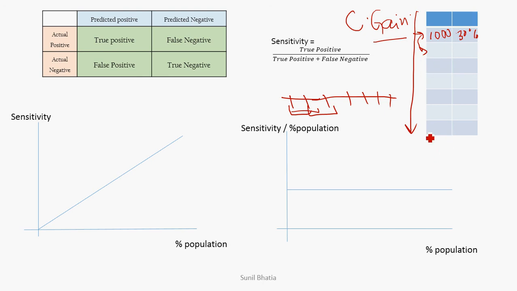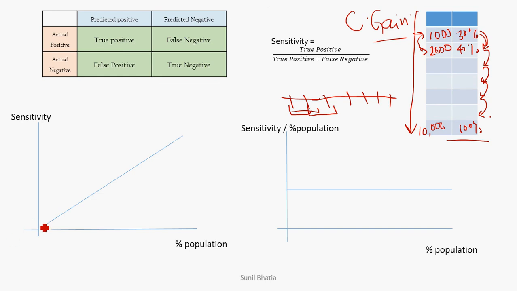In the end, let's say we have 10,000 data points and our prediction response was 100%. We add another 1000 data points, let's say 2000, and the next best sensitivity we had is 10%. So 30 plus 10 is 40%. We keep on adding, and we get the cumulative distribution for them.